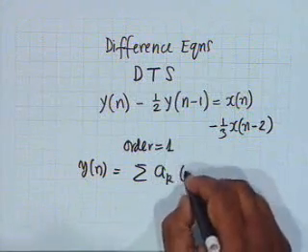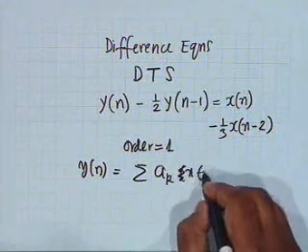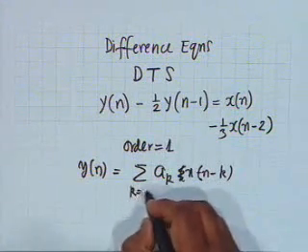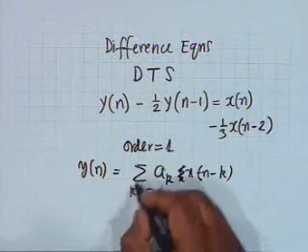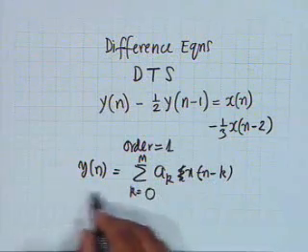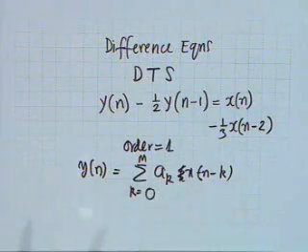Here, for example, the order is equal to 1. If I write y of n as, let's say, summation a_k x of n minus k, k equal to 0 to capital M, an equation like this describes a zero order system. Although there are differences of the inputs involved, that does not characterize the system order. System order is characterized by the number of differences required in the output.